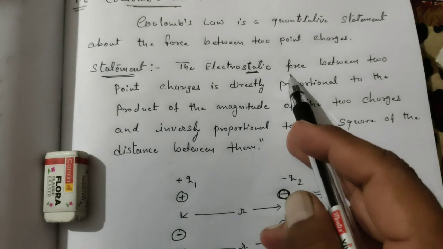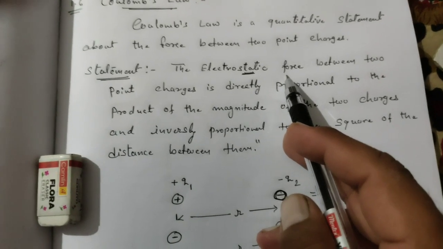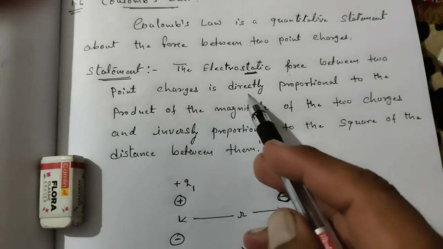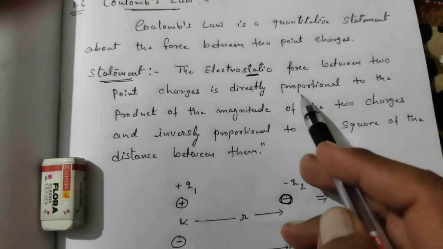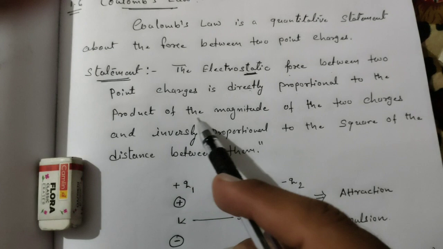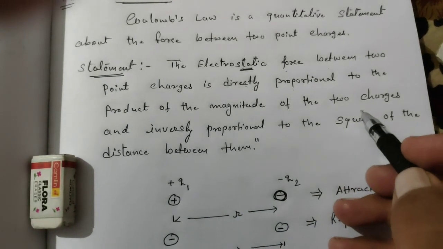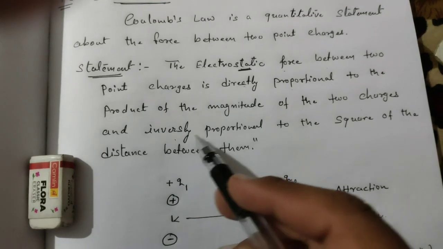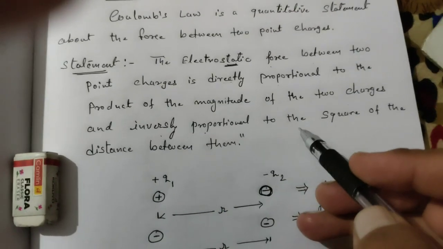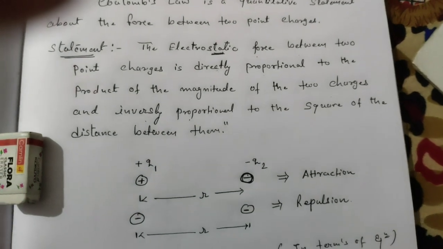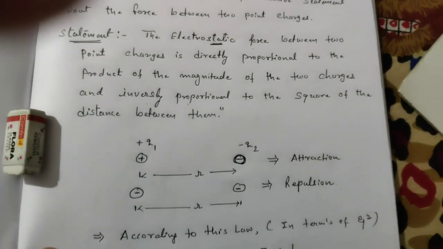Electrostatic force, also known as Coulombian force, between two point charges is directly proportional to the product of the magnitudes of the charges, and inversely proportional to the square of the distance between them. This is the simple statement of Coulomb's law.